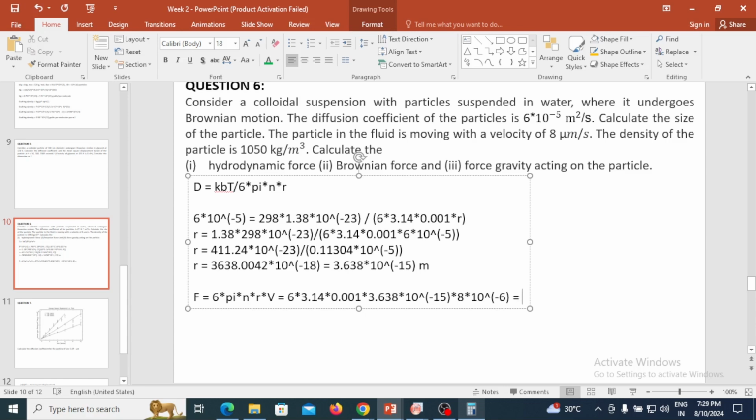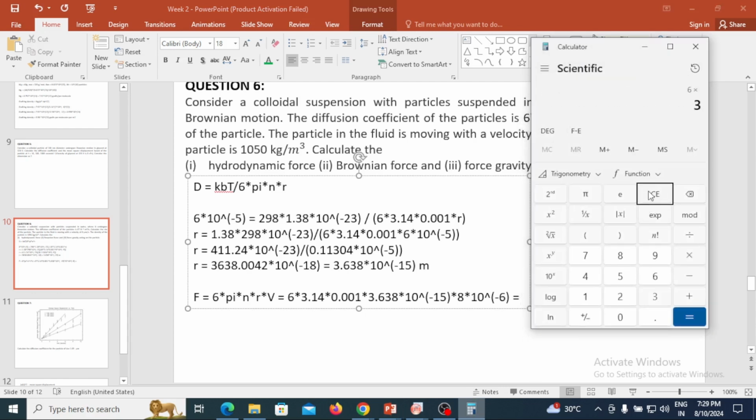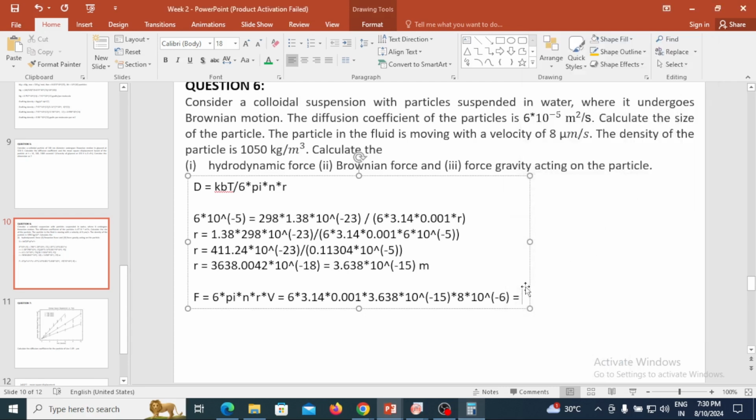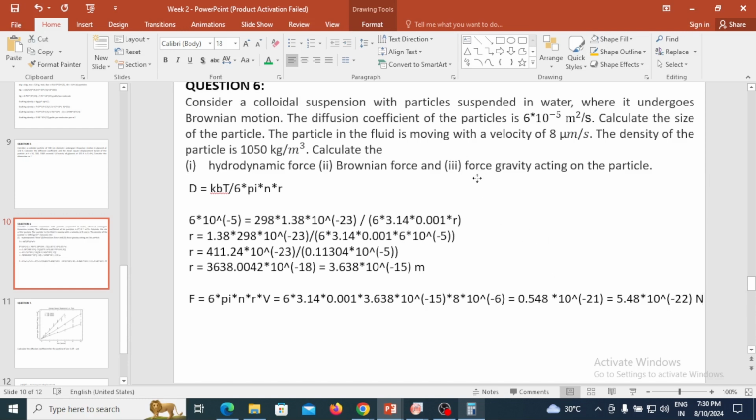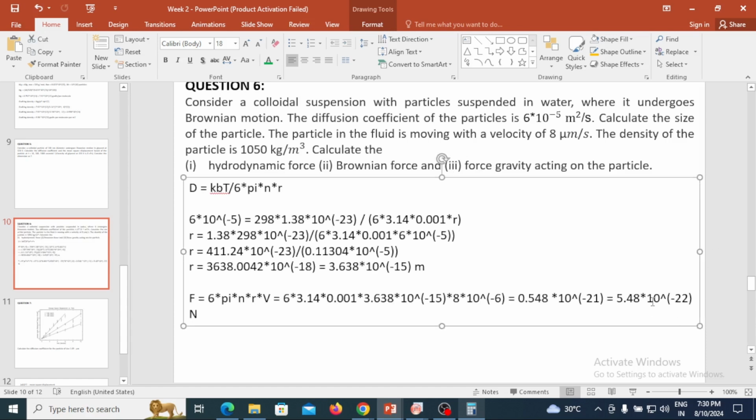It's fine. 6 times 3.14 times 0.001 times 3.638 times 8 gives 0.548 times 10 to the power minus 21, or you can write it as 5.48 times 10 to the power minus 22 Newton. So this is the hydrodynamic force.